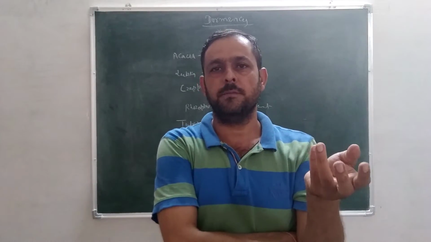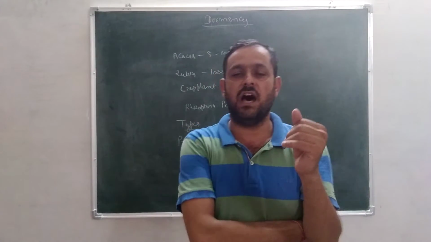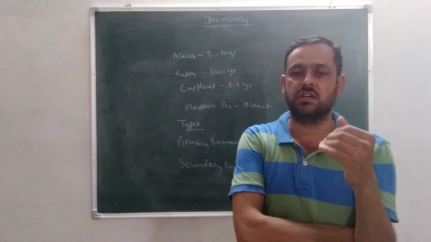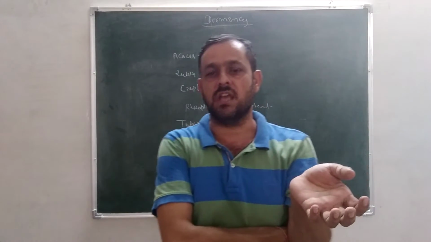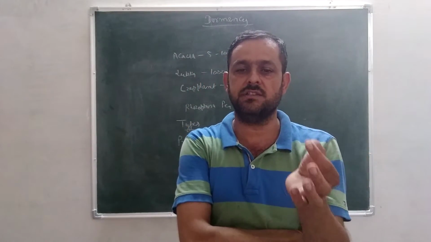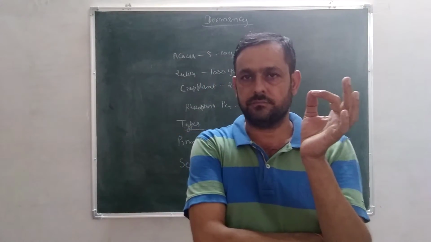While in other plants, seeds germinate properly. But when the seeds do not germinate because of their physiological structure or inactive stage, this phase of seed is called the dormant stage, and this phenomenon is called dormancy.